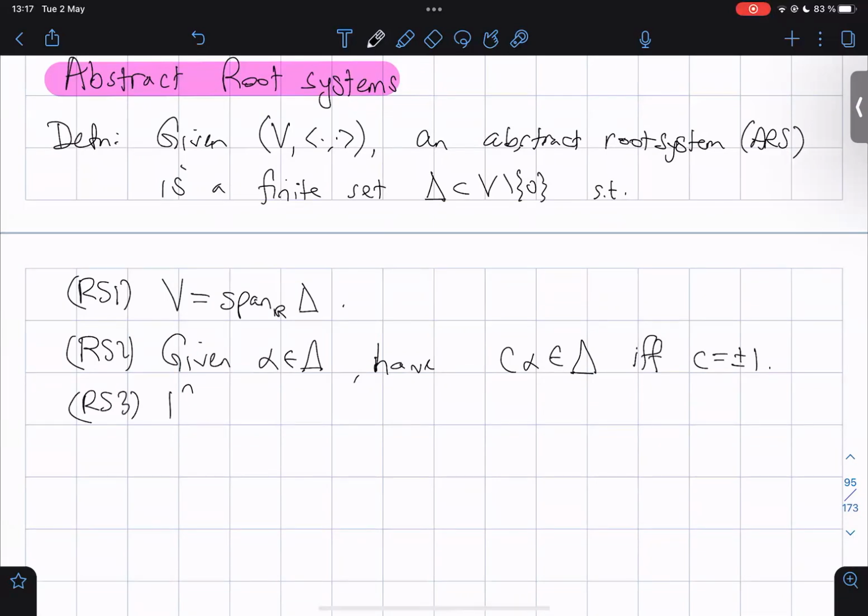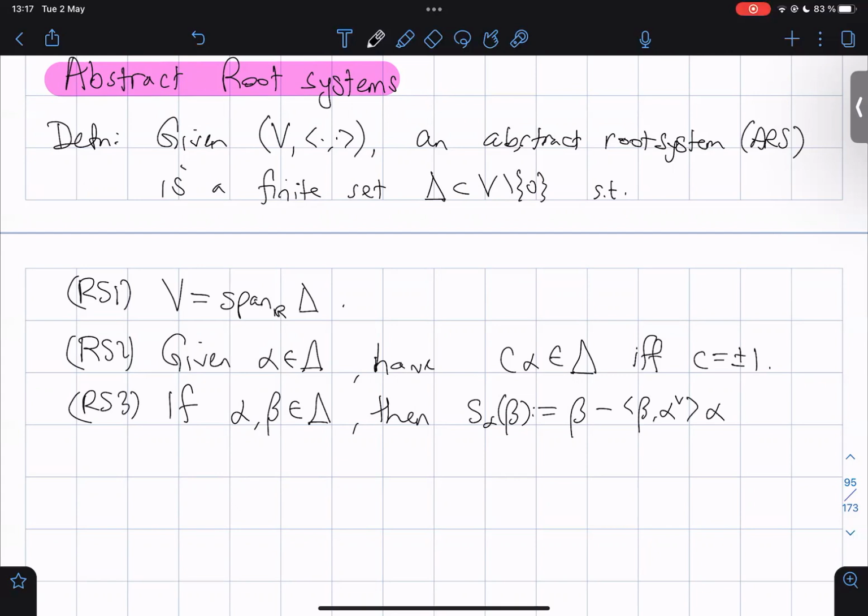Condition 3, a very important condition. If you have two roots and you consider the reflection of one in the corresponding wall associated with the other, alpha perp, using the reflection that we've defined before with this formula, then the result stays in delta.